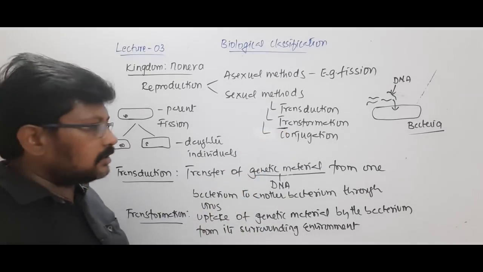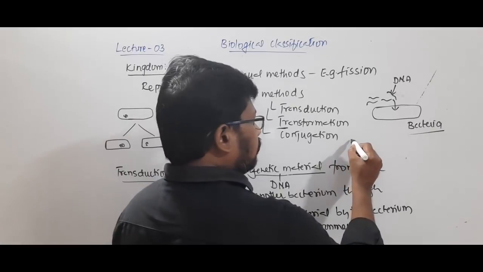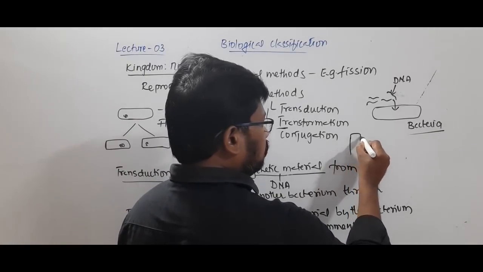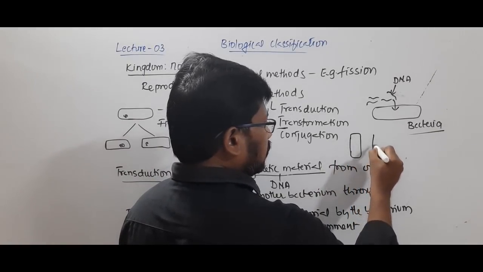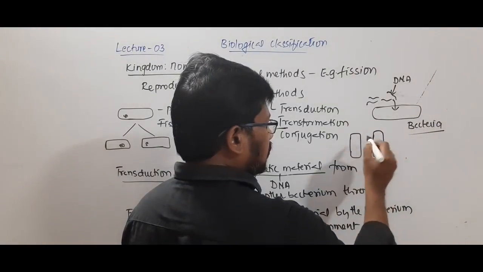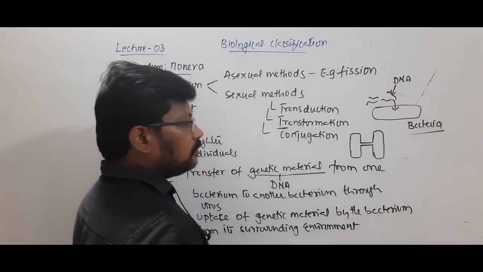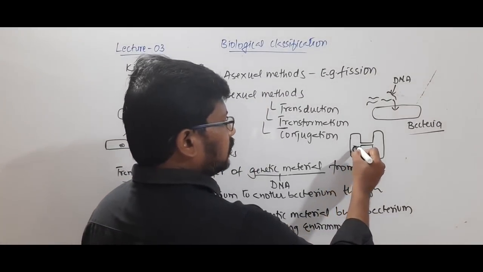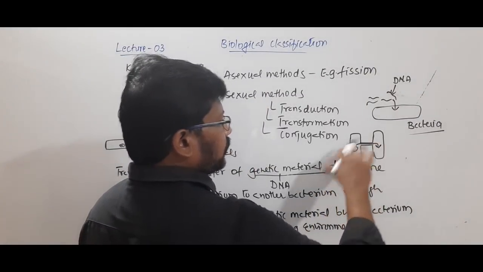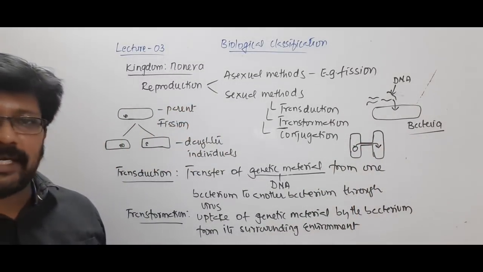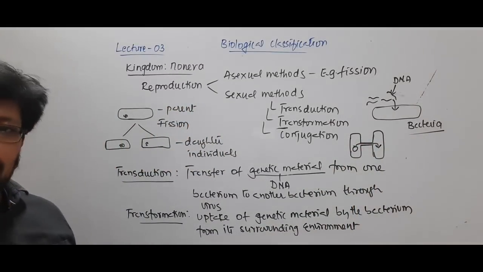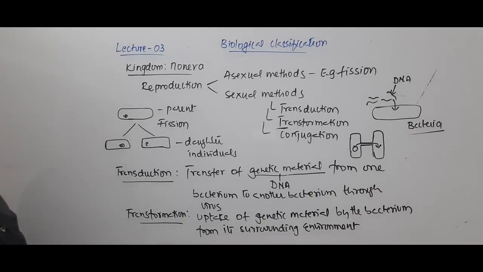And conjugation is the transfer of genetic material between two bacteria. Here two bacteria come side by side and form a conjugation tube, and then they transfer the genetic material from one bacterium to another bacterium. If that is the case, then we call it conjugation, right?